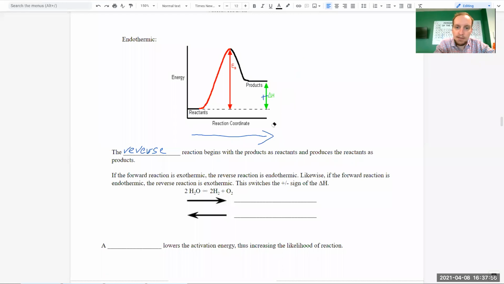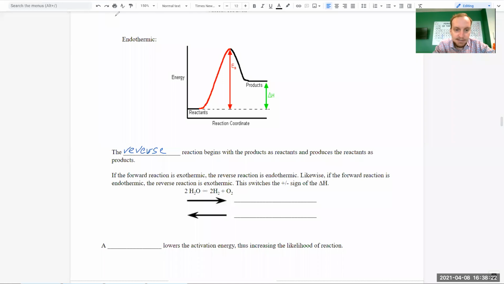Well, if we're now going in the reverse reaction, from right to left, then we're going in this way. So that now becomes a negative delta H. So you need to understand that if we reverse the reaction, we also switch the delta H from negative to positive or positive to negative, whatever that may be. Because again, we're going from endothermic to exothermic or vice versa.